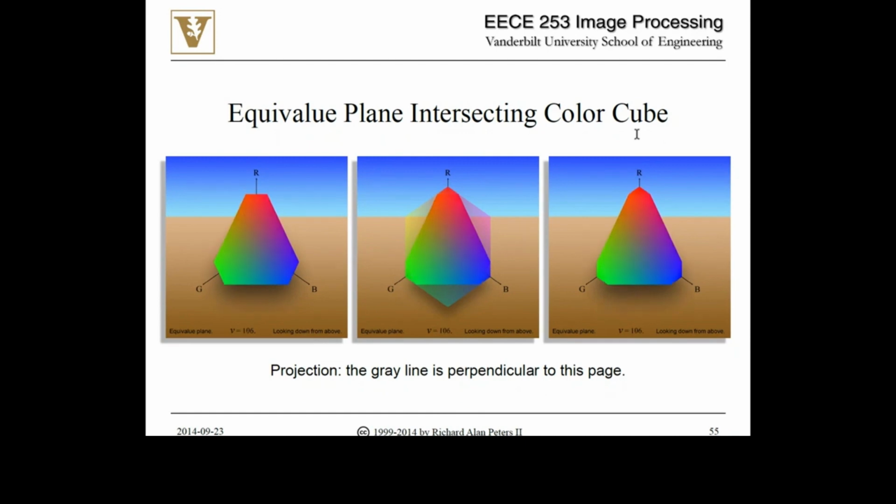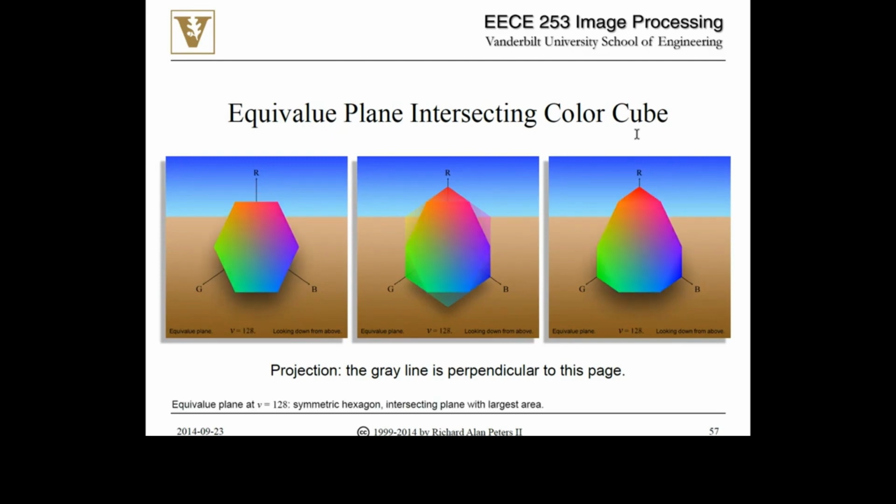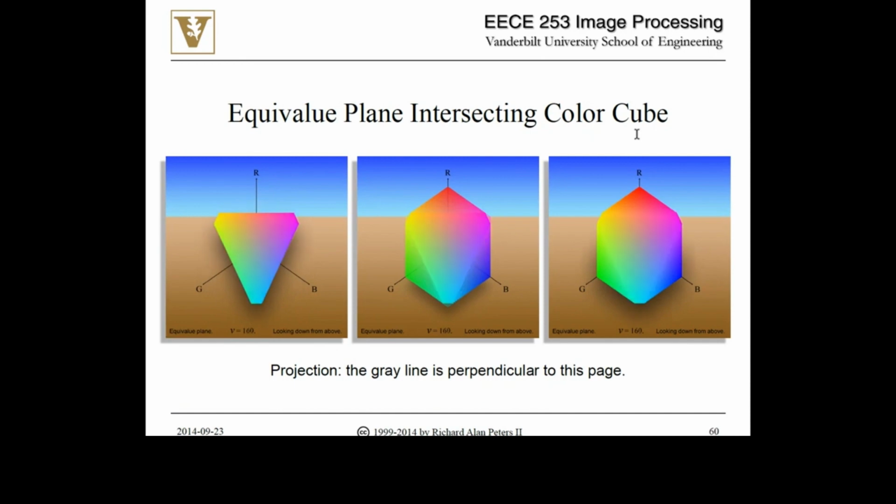At some point it is a hexagon, but this hexagon doesn't need to be symmetric, so it has asymmetries. We keep increasing V, then at some point it becomes a triangle again.